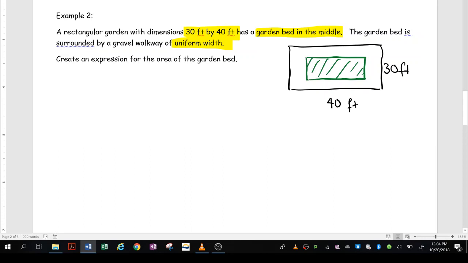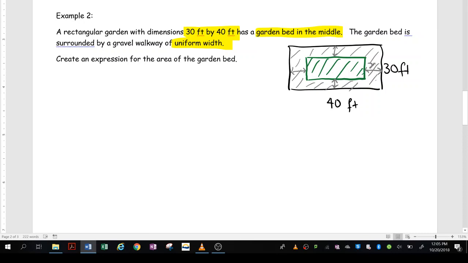And the garden bed is surrounded by a walkway of uniform width. So this is our walkway here. And if this has uniform width, that means that this size, this size, this size, and this size are all the same.